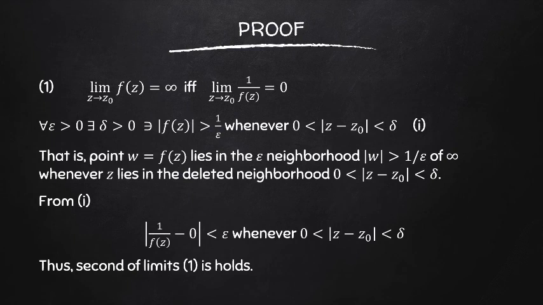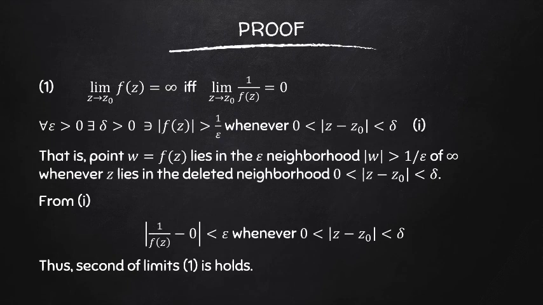First, we have the definition of the limit, that is, for every epsilon positive, there exists delta positive such that the absolute value of function z is greater than 1 over epsilon whenever the absolute value of z minus z0 is greater than 0 and less than delta.